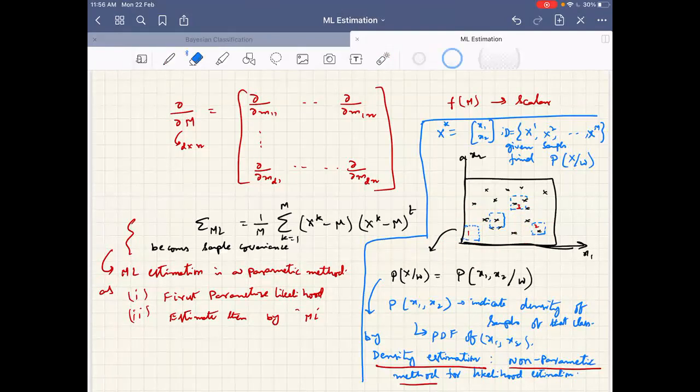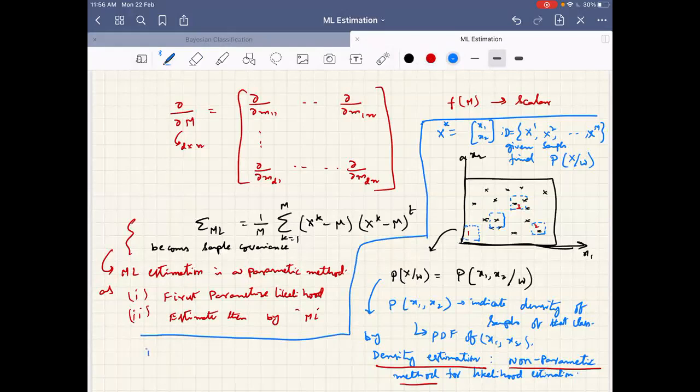In this course, we are not discussing these things in more detail, but these are also of reasonable interest in the community. So there are two density estimation methods. One is Parzen windows, and the second is the nearest neighbor estimator.